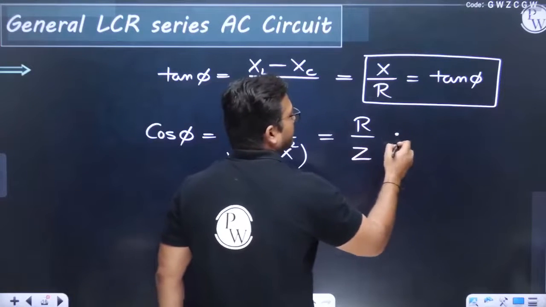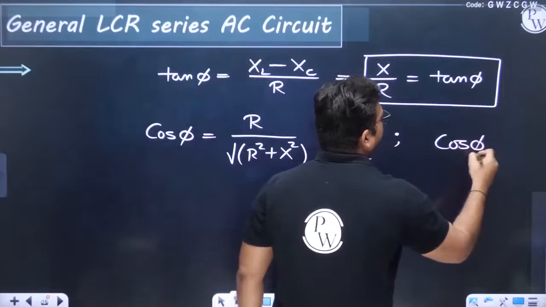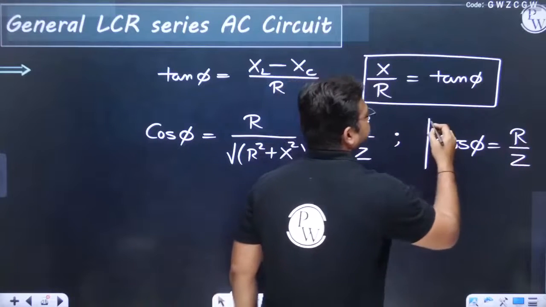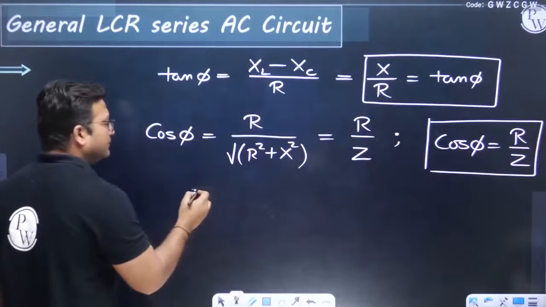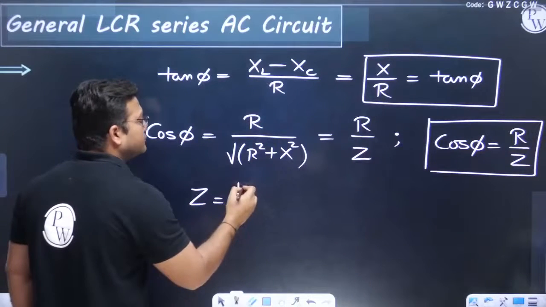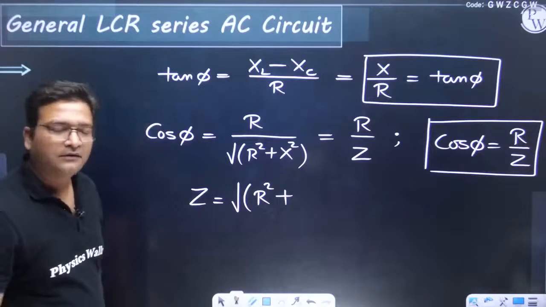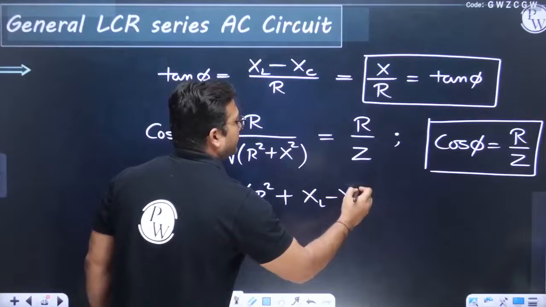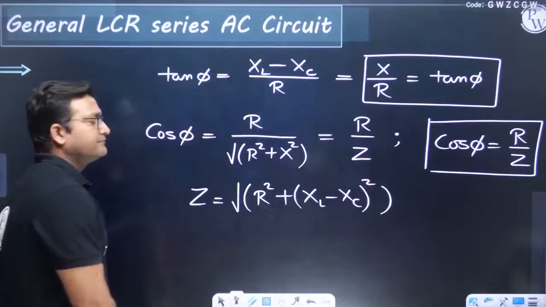So always remember, in a series AC circuit, the cos phi, the power factor, is equal to R by Z. And what is Z equal to? Z equals the square root of R square plus X square. What is X square? XL minus XC, square, and then we close the bracket.